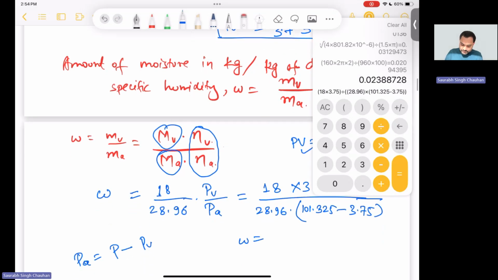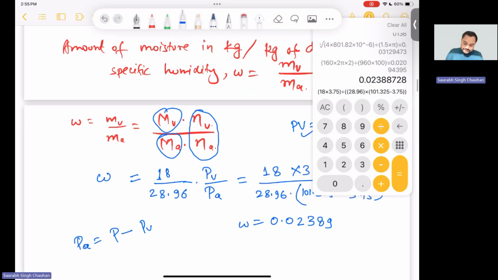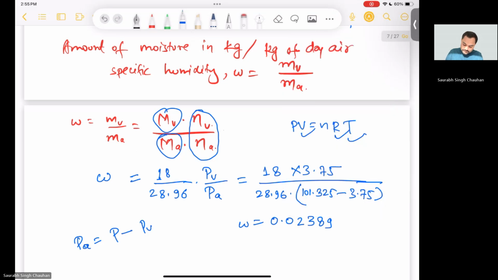Okay, so we are getting 0.0238. Okay, so this is the specific humidity, that is nothing but the mass of moisture per unit mass of dry air. Okay, this is what we had to calculate.